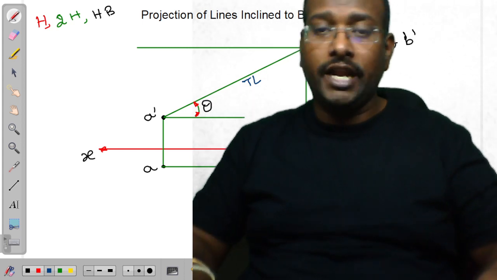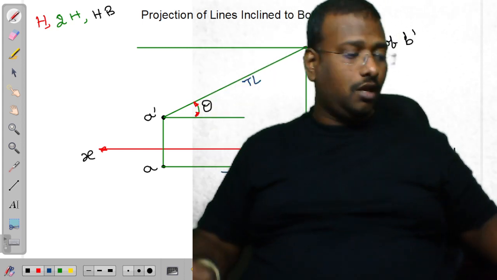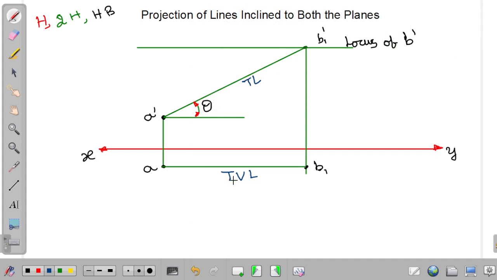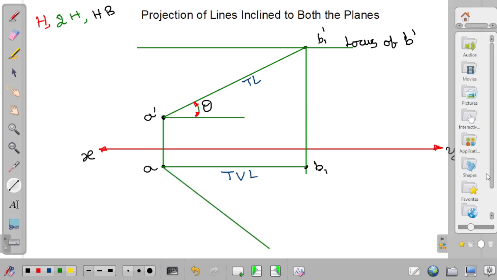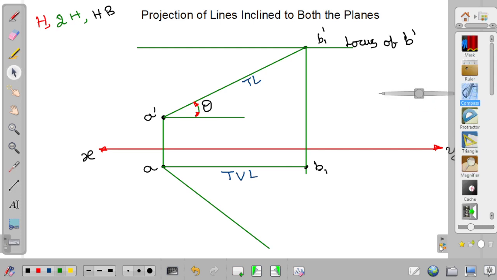But we are going to get the true length, that we are going to draw here. So how much angle is it making? Phi degrees. It is making phi degrees in the top view at A. But how much is the length, sir? True length. How much is the true length? It is better to take the exact value.